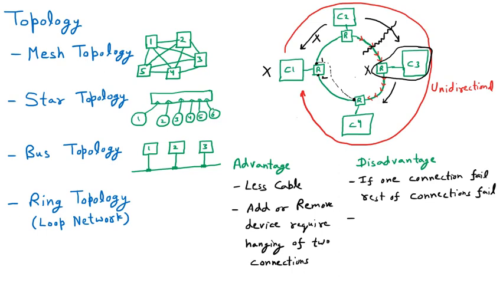If the system is failing, how will the data pass? So we can say that if the node, meaning the computer, fails, node failure causes network failure. If the system is not working, then the network will not work because it is unidirectional.